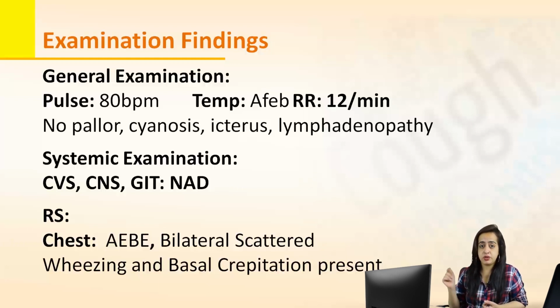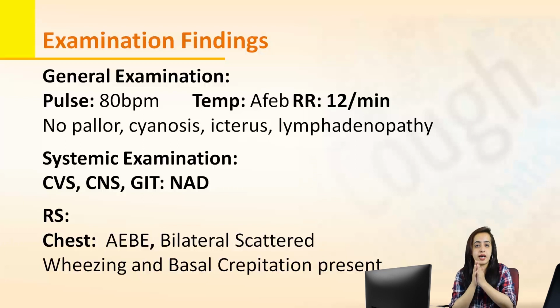However, while we were examining the chest of the patient, we found that the air entry was bilaterally equal. There was bilateral scattered wheezing present in the lungs and basal crepitation present.